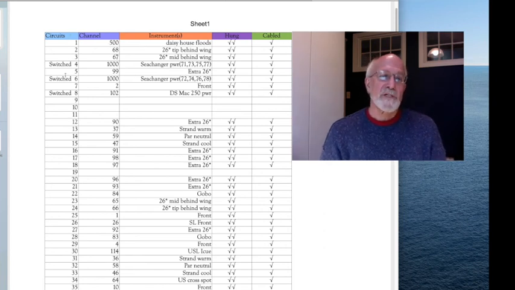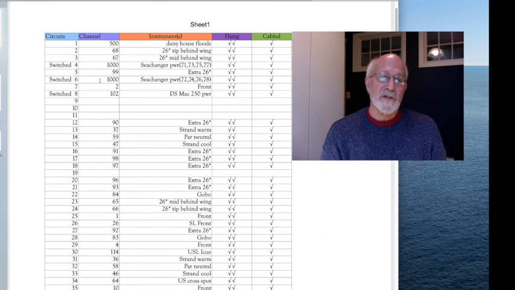If you have chosen this pattern of control here, 1, 2, 3, 4, 5, 6, 7, 8, these are the circuits, right?